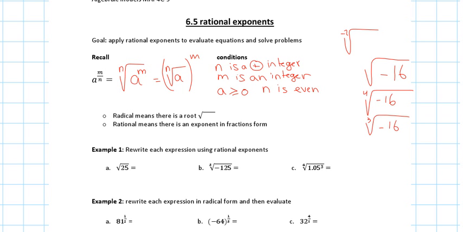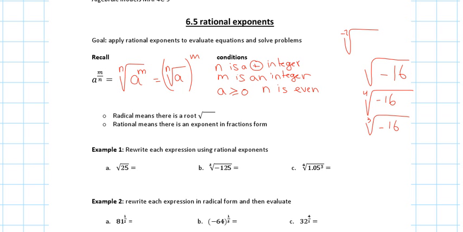Do you guys need help with the calculator? For the 4th root, you have to do 4, shift this, of negative 16, and then you're going to get an error. So what's the difference? Eyes on me. This is the square root, this is the 4th root, this is the cube root.